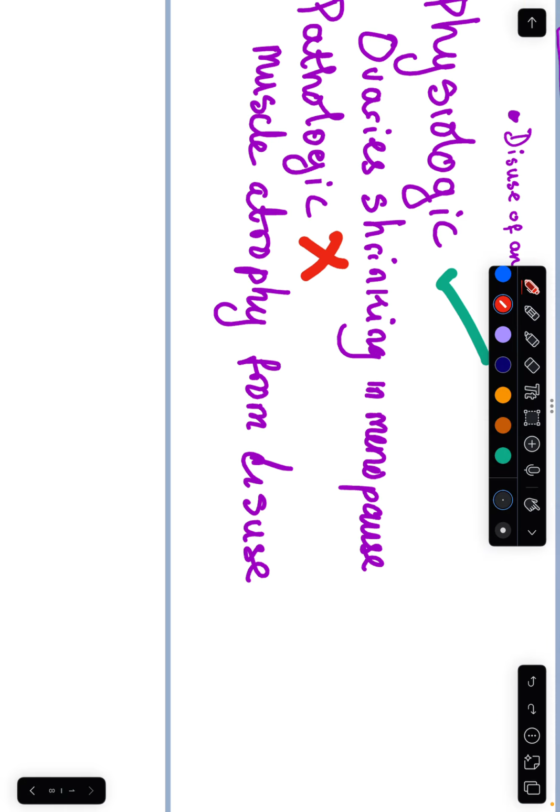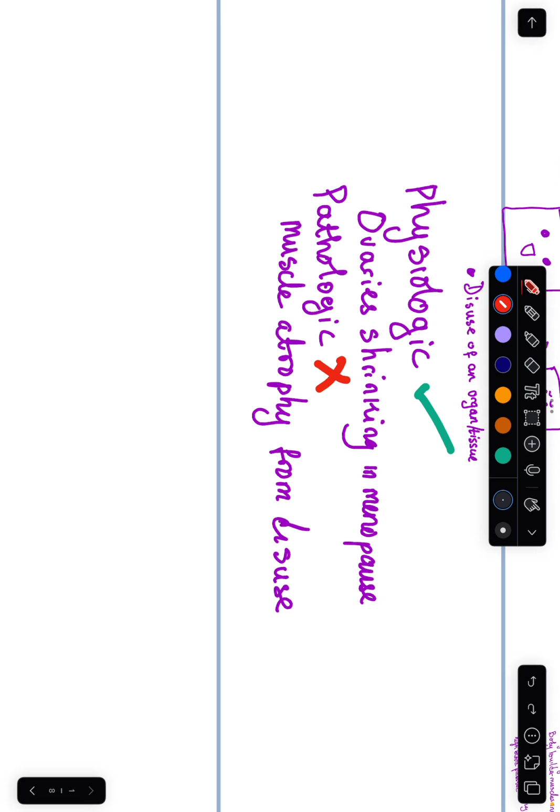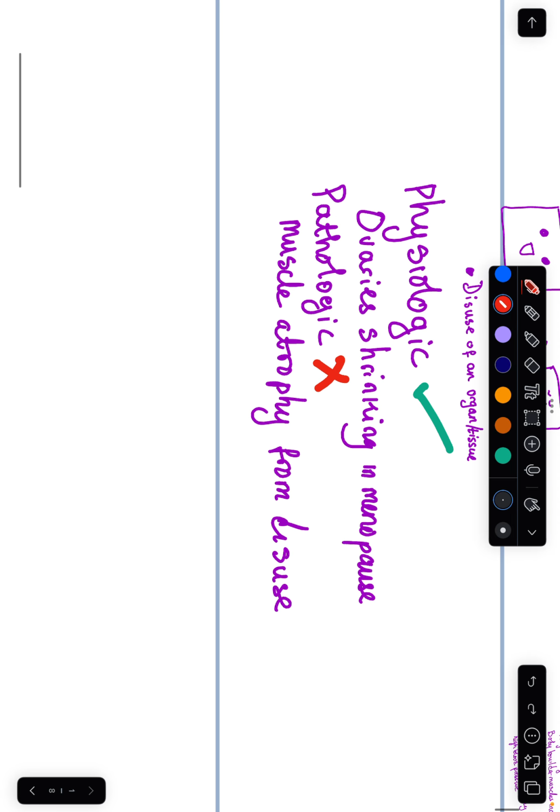And a pathologic example of this would be your muscle atrophying from disuse. Remember in class, Dr. Sheen was saying this is not the time to be trying new things. She said this dude went rock climbing and he fell and broke both his arms, and his arms had to be put in a cast.